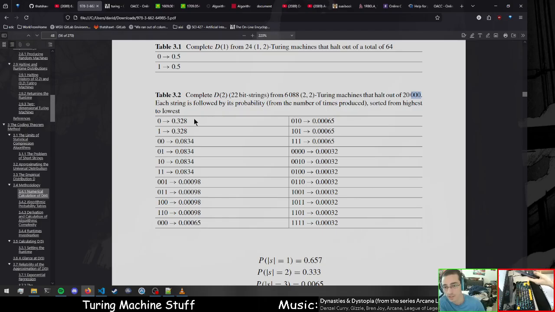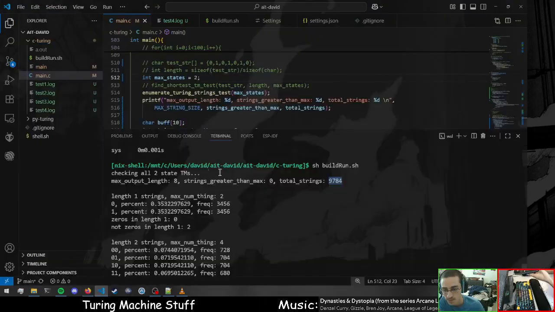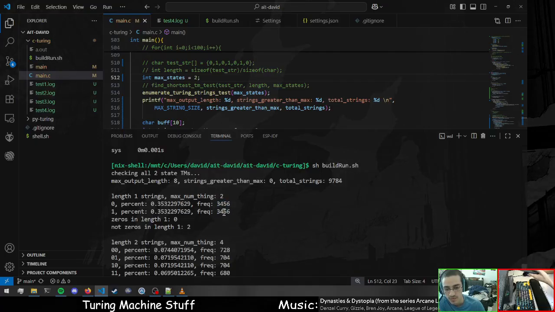And anyways, so here they got a fraction of, let's do their number, 20,000 times 0.328. The frequency on this one is 6560 for these two. 6560. I don't know about that.